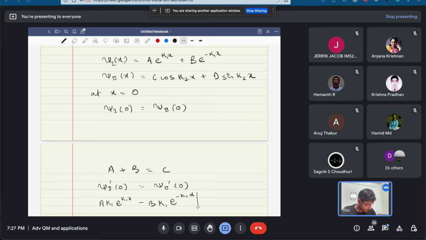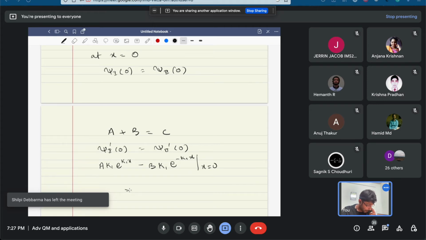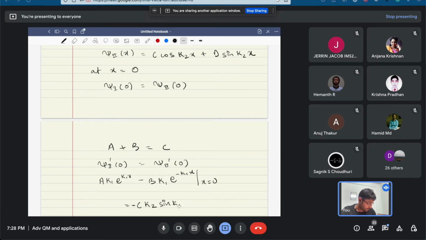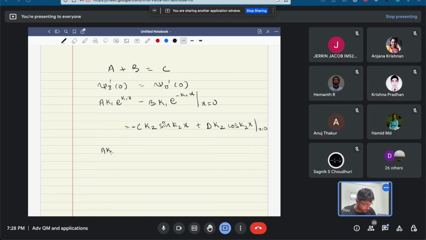So this is at x equal to 0, and on the right hand side we have cosine and sine, right? So this is c k2, derivative of cos will be minus sine k2 x, plus d k2 cos k2 x at x equal to 0. So what we end up with is a k1 minus b k1 equal to d k2.